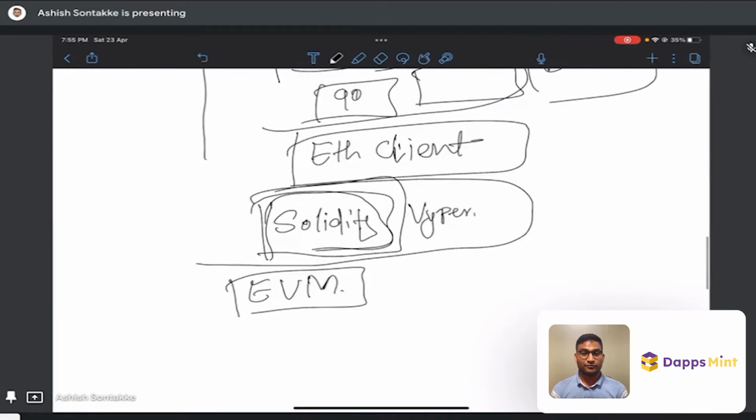So whenever you see an Ethereum compatible or EVM compatible blockchain, that means that blockchain is programmable, and we can write smart contracts in Solidity, and the same smart contract I have written on Ethereum can be deployed on that blockchain as well.